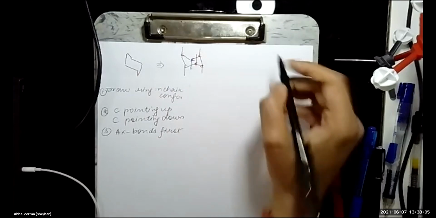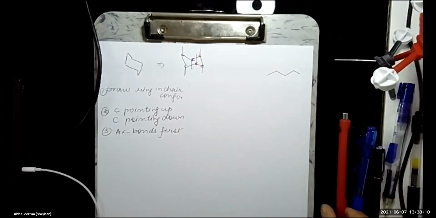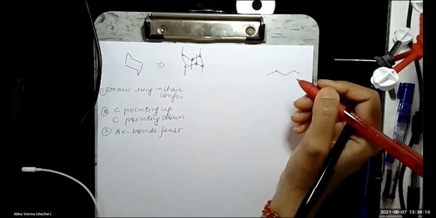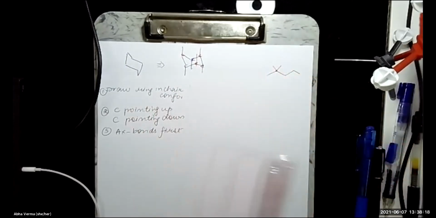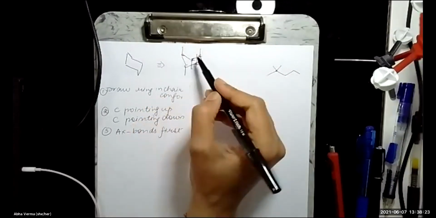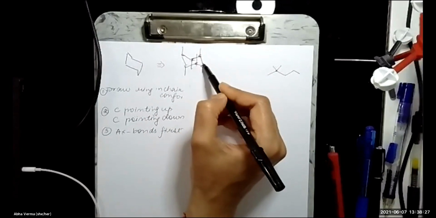Now remembering your zigzag. If you remember your zigzag, and if I have to draw my two other bonds from this carbon, I would just draw a V facing upwards. That's the exact same thing you have to do. If you look at this carbon, there is already a V right here.